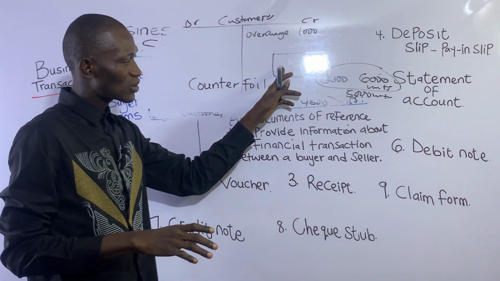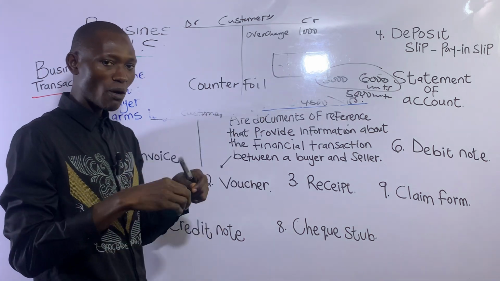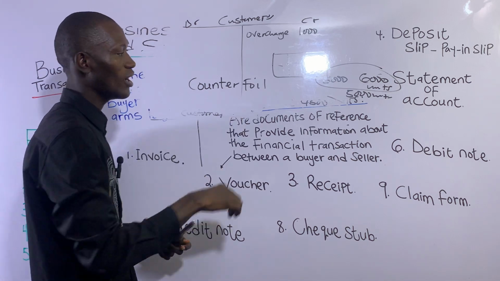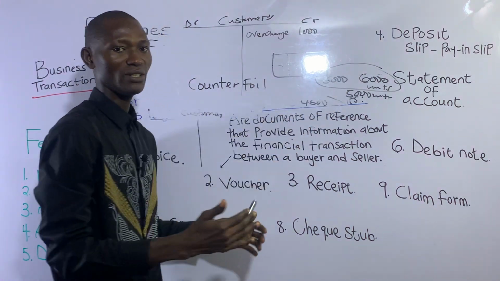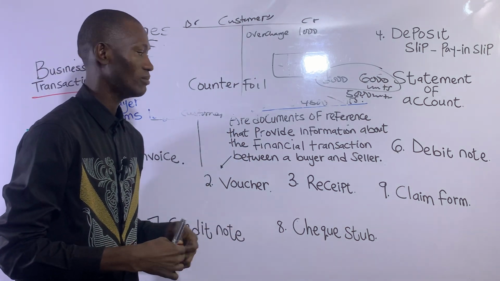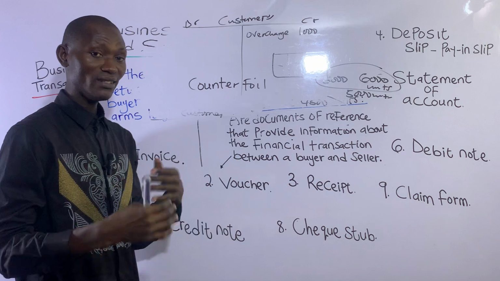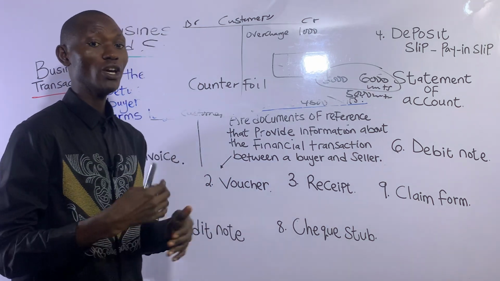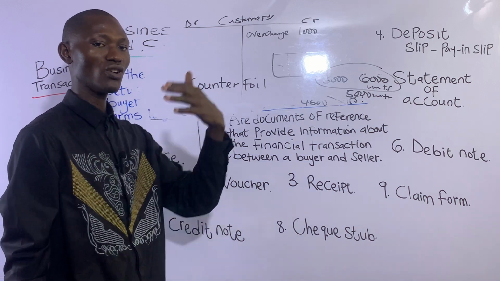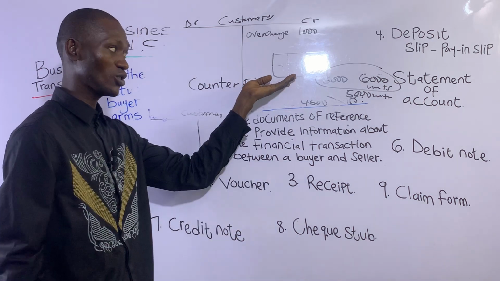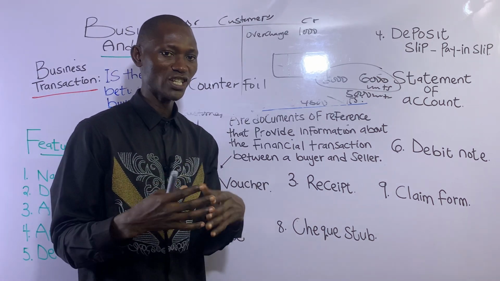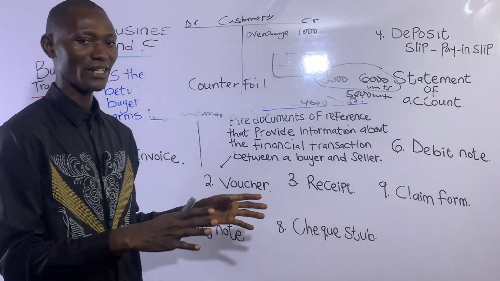So this check stub is a small part of a check that is left in the checkbook after the main check has been detached. Then what's the main use of the check stub or counterfoil? It serves as a way of getting to know the number of checks that have been drawn on the bank. And also you can use it to update the cash book. You know, the two-column cash book where you have date, particular, folio, cash, and bank.